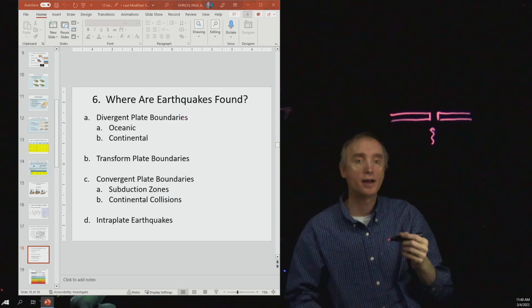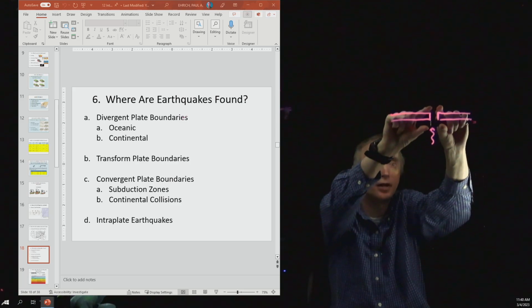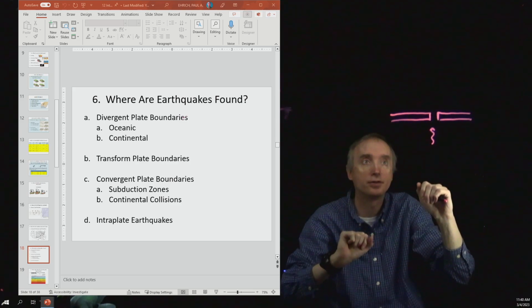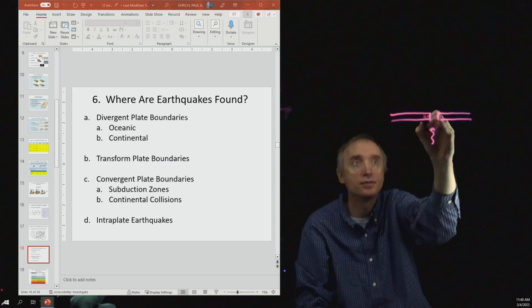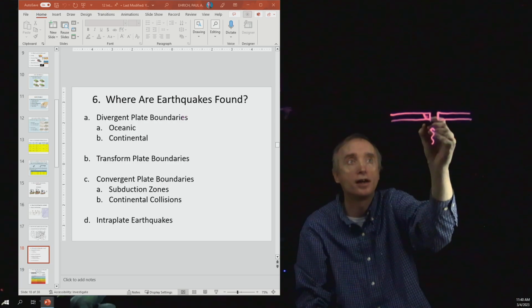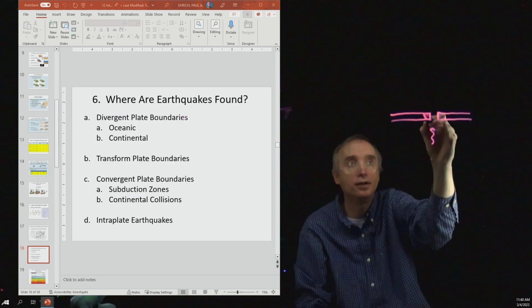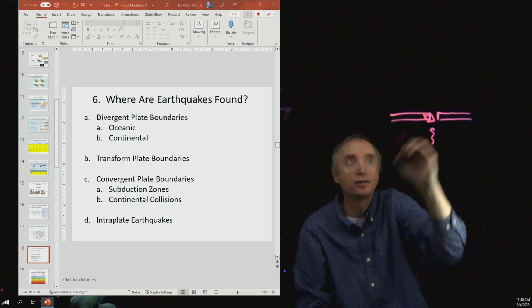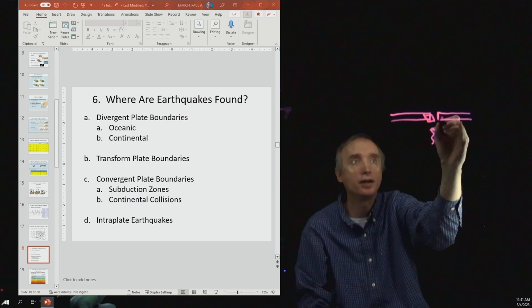Another way that it could happen is that as these plates are sliding apart, you're going to have faulting occur, and it's going to be down faulting. So like, for example, this plate right here is going to slide down kind of like that. And then this plate over here is going to slide down kind of like that.